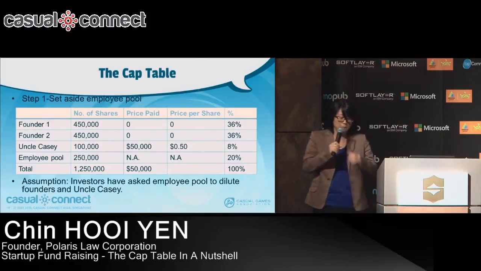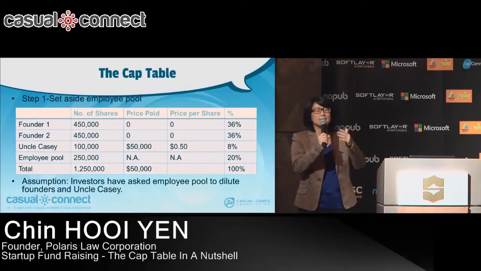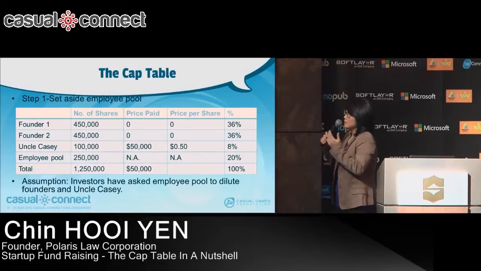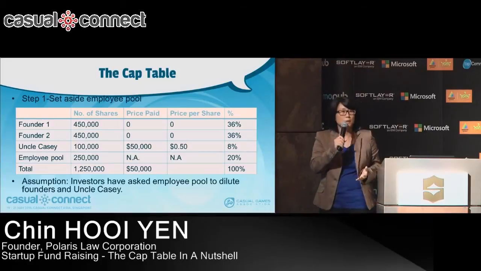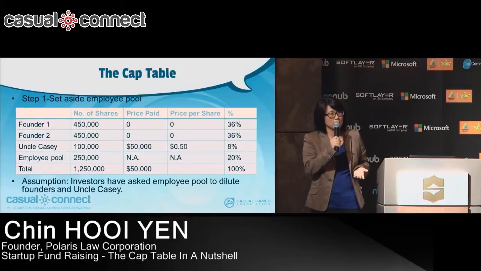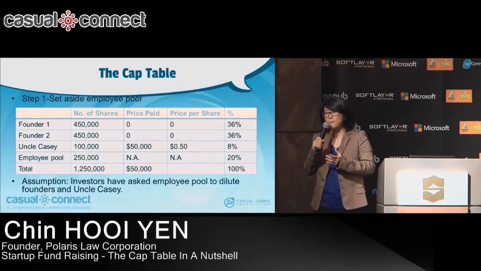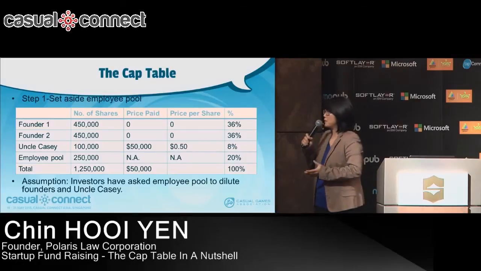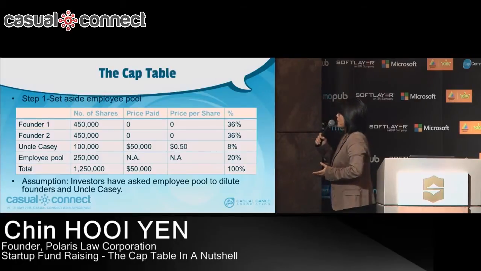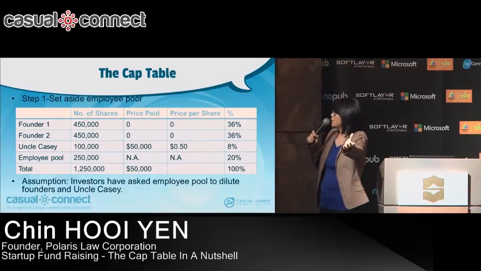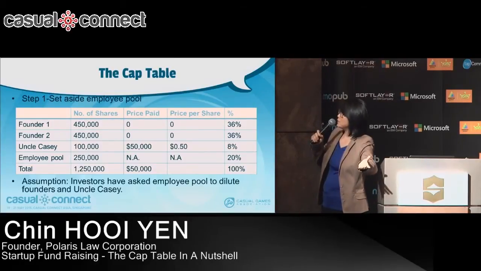Okay, now, when we say we want to set aside the employee option pool, in this slide, we have made one assumption, which is that the pool is going to dilute the founders, not the incoming investors. That's the assumption made in the slide, right? So you'll see that originally we had 1 million shares, right?